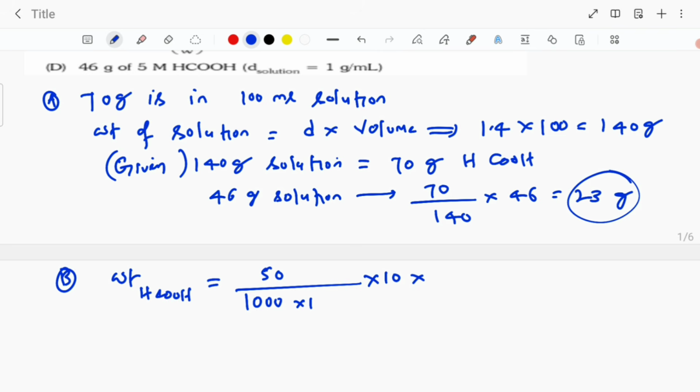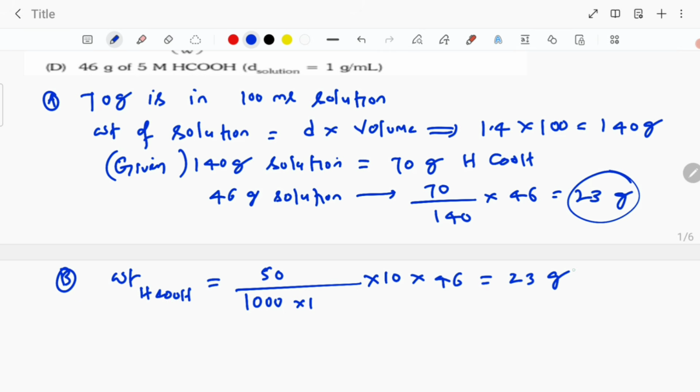Then followed by 46, because 46 is the molar mass of HCOOH. Overall, if you do this you will get 23 grams. Why are we taking 50?